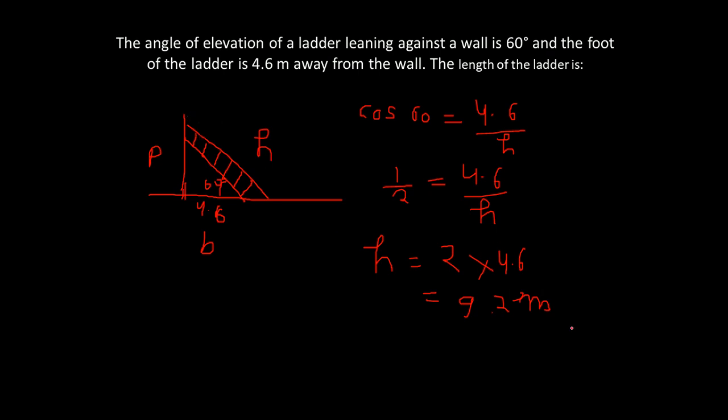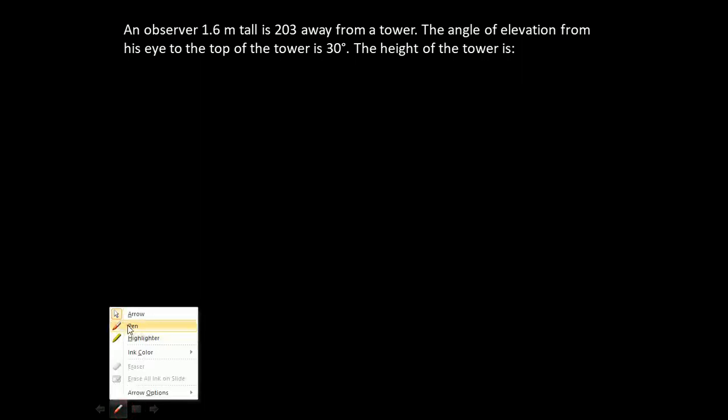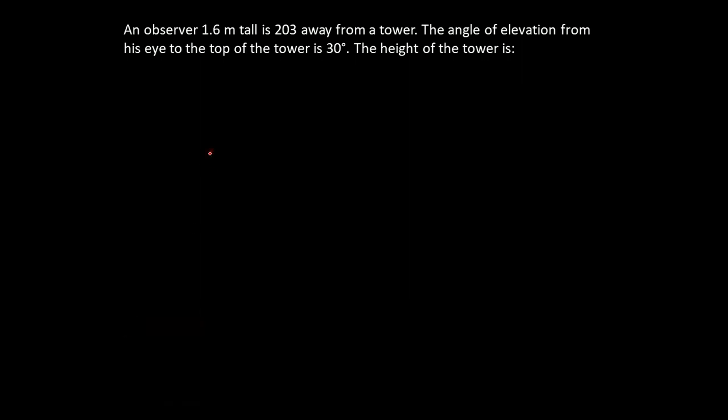Let's see another question. An observer 1.6 meter tall is 203 meter away from a tower. So there are two things, one is the observer and one is the tower. Let's draw it. Let's say this is the observer and this is the tower, and they are 203 meter apart on the land. The angle of elevation from his eyes to the top of the tower is 30 degrees.